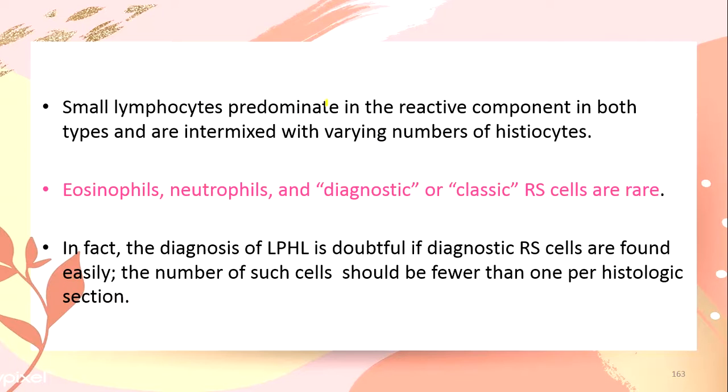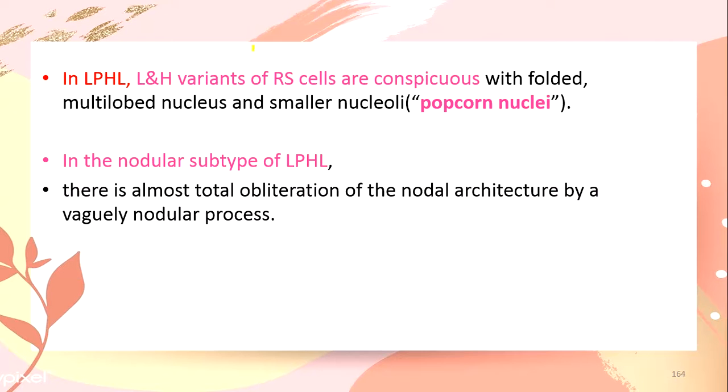Small lymphocytes predominate in the reactive component in both types and are intermixed with varying numbers of histiocytes. Eosinophils, neutrophils, and diagnostic or classic RS cells are rare. L and H variant RS cells are conspicuous with a folded multi-lobed nucleus and smaller nuclei. This variant is called popcorn nuclei.